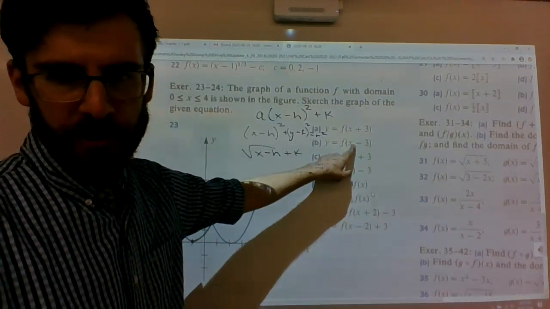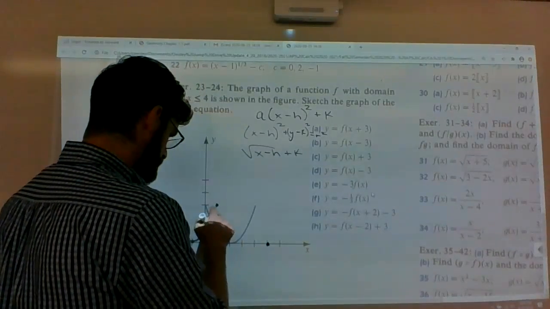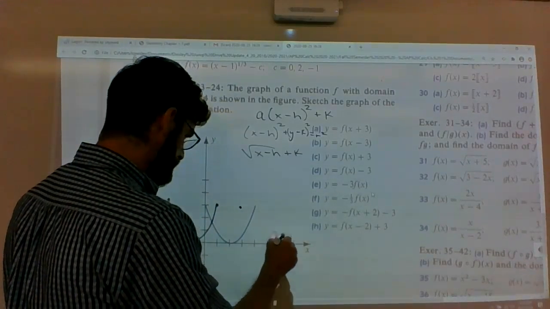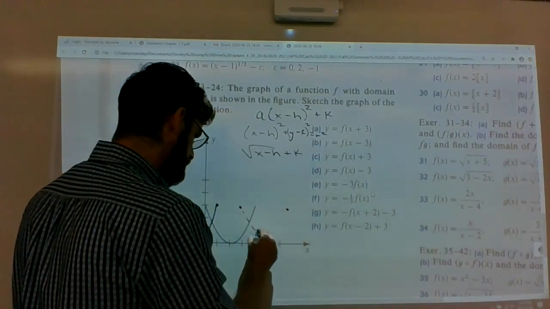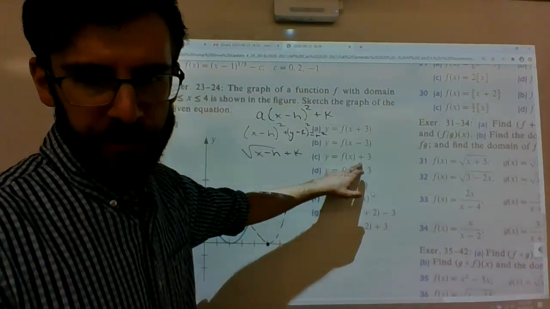This is shifted right 3 units. This is shifted up 3 units.